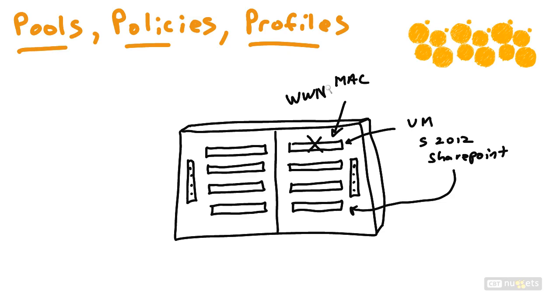Well, in our unified computing world from Cisco, we're going to virtualize this stuff. Yeah, we're going to make it so that worldwide node names and MAC addresses are not tied to the physical hardware anymore. That's what we mean by hardware abstraction.